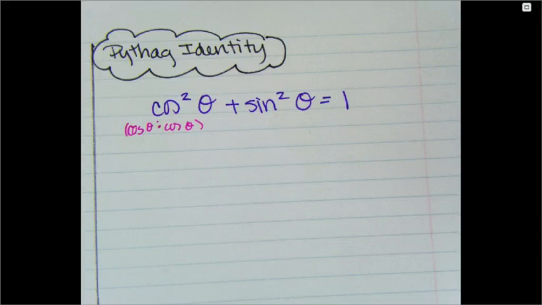So we write cosine squared theta instead of cosine theta squared. It just means you're multiplying it twice. Same with sine. You have sine twice.